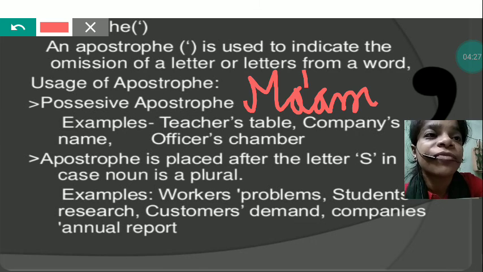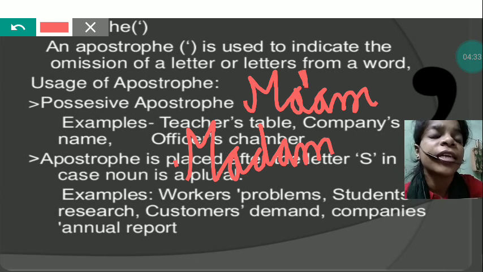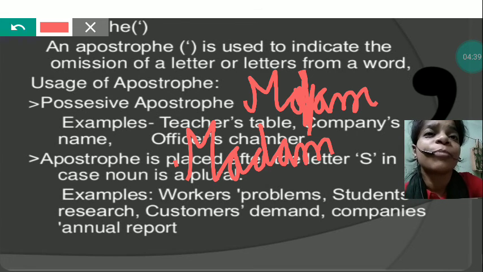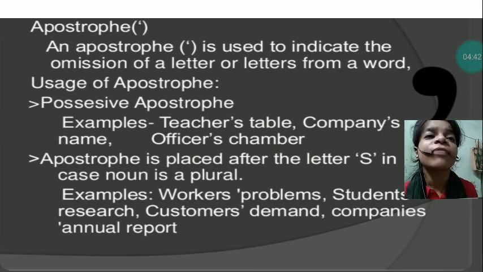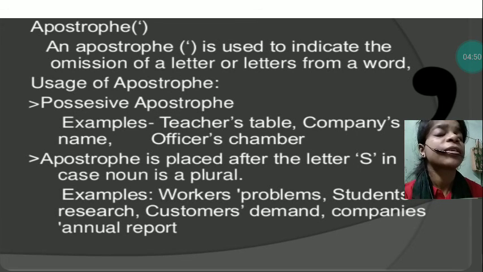Why is the apostrophe given here? Because the full form is madam. So the letters d and a are omitted, and that's why the apostrophe is added. So whenever we omit any letter from a word, we use an apostrophe in place of that letter.